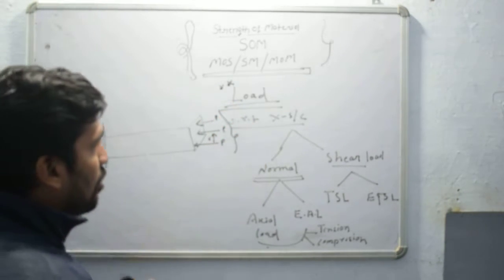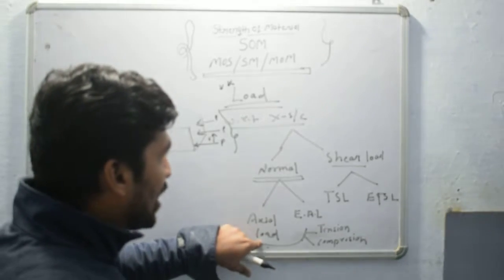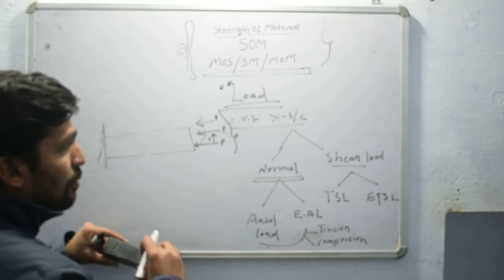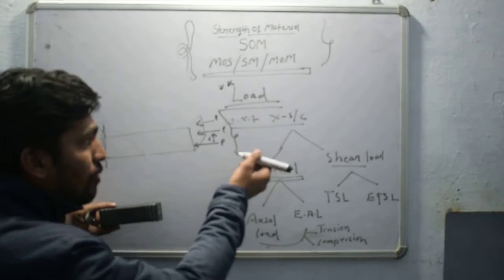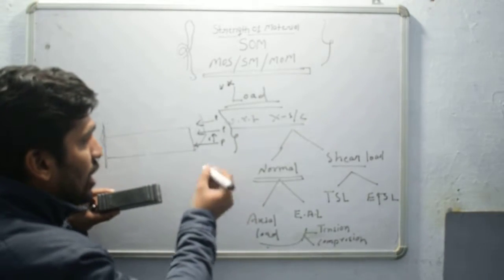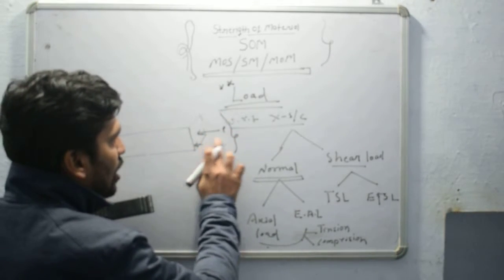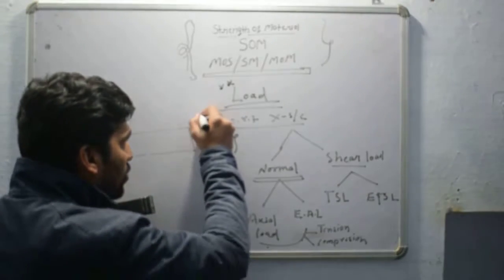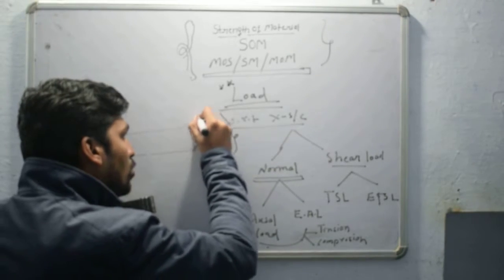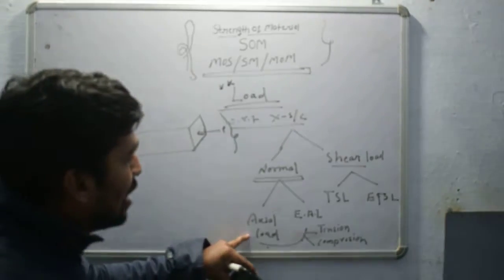Now the normal load has two categories, axial load and eccentric axial load. If the applied load which is perpendicular to the cross section is passing through the centroid of the cross section, this load is known as an axial load.